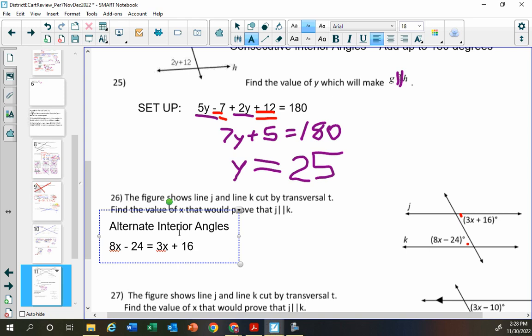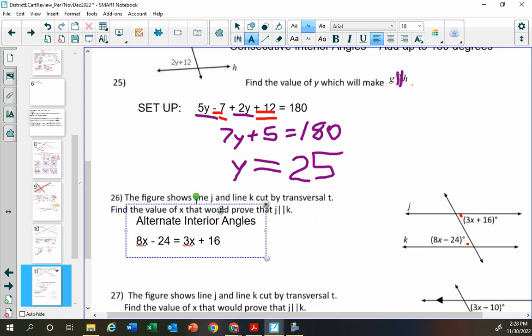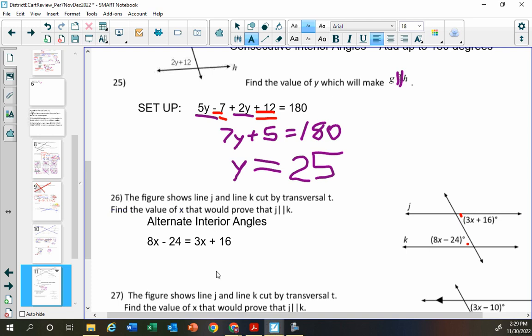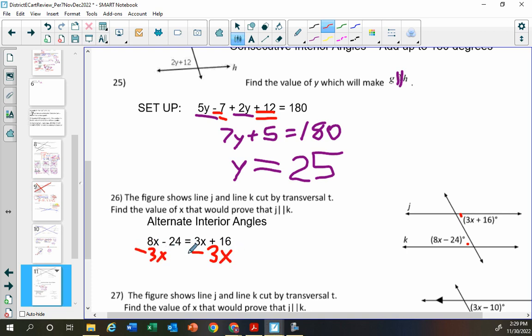This might be something to review. We went over these types of problems. Remember, you want X's on one side. And then after you move that X, what you do to one side, you do to the other. Exactly. In fact, we did this exact problem in the past.